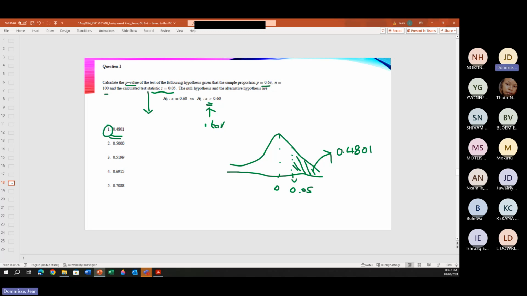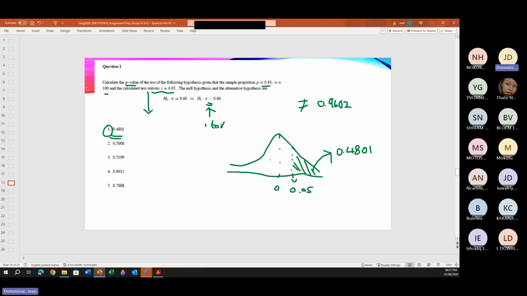Okay. If it was a two-tail, so if it was not equal to, there's probably not an answer for that, but then it would have been 0.4801 times 2. So if it was a two-tail, it would have been 0.9602.